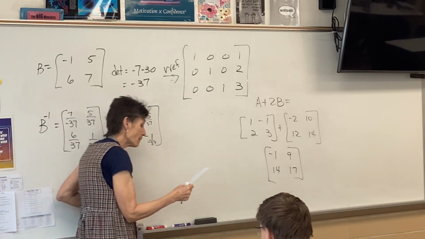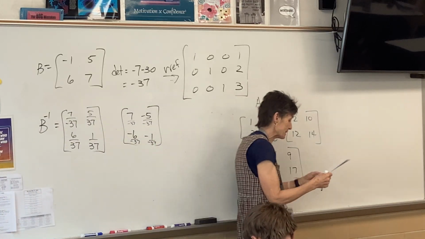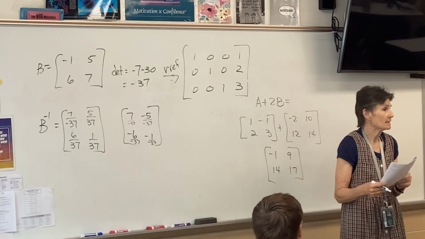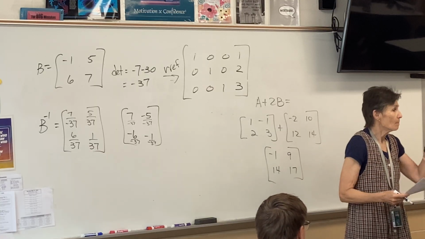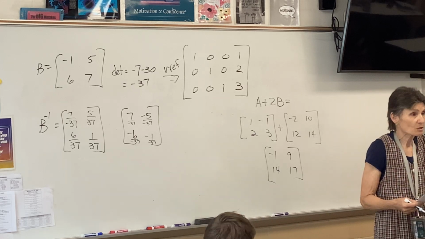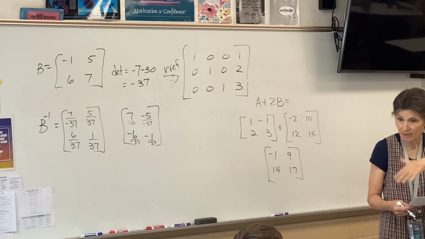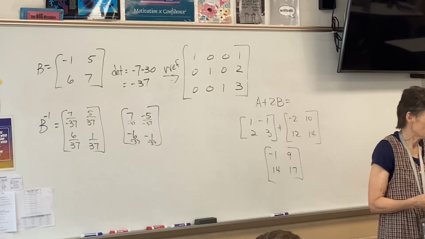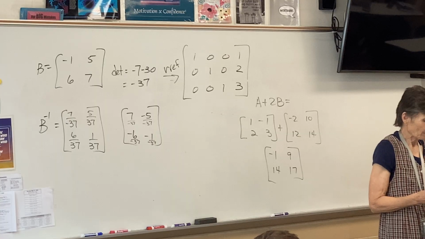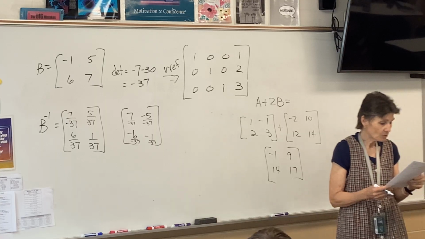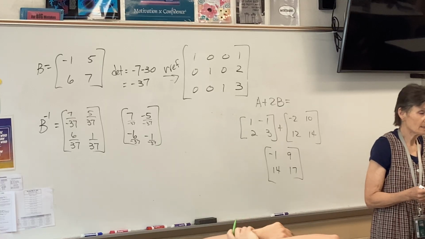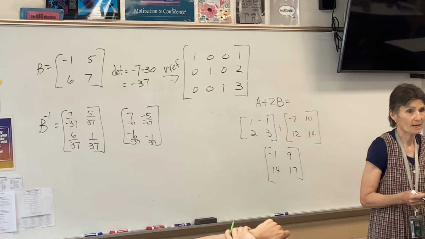All right, another inverse. What about problem C? Jackson is shaking his head. You can't do it because the matrix isn't square. And if it's not square, you can't do the determinant, and therefore you can't do the inverse. Right? So C is a can't do. Can we do the determinant of A? Yes, we can. What is the determinant of A?